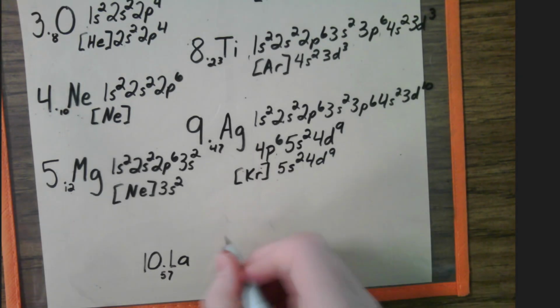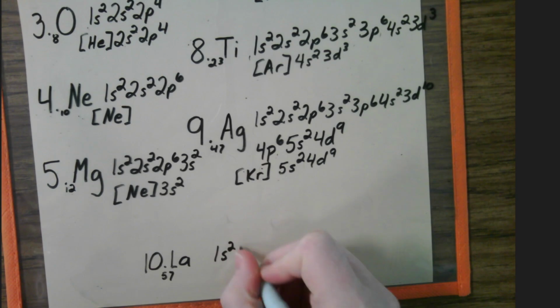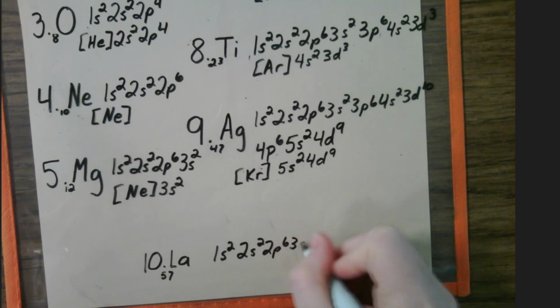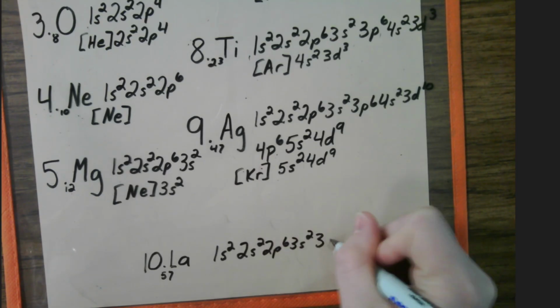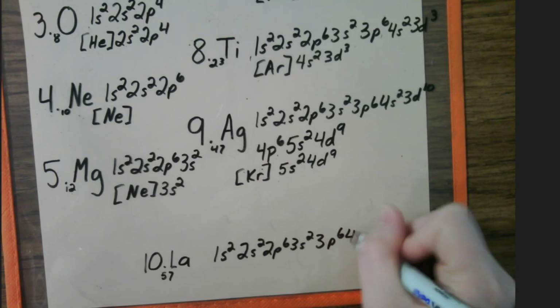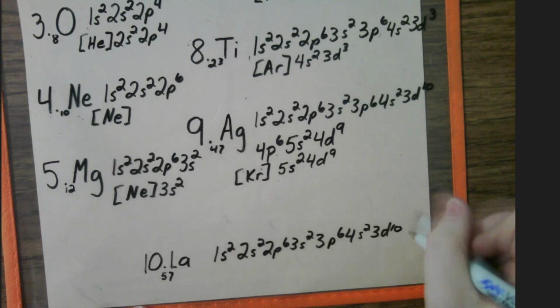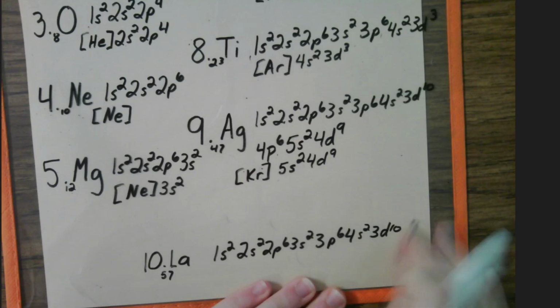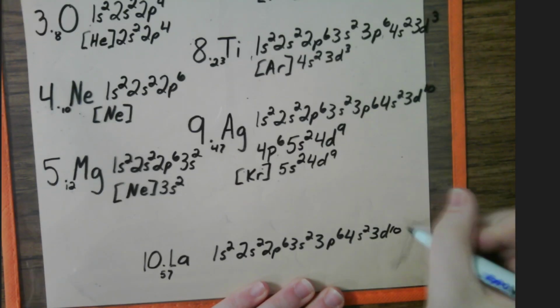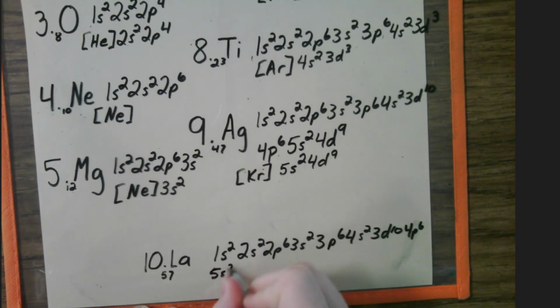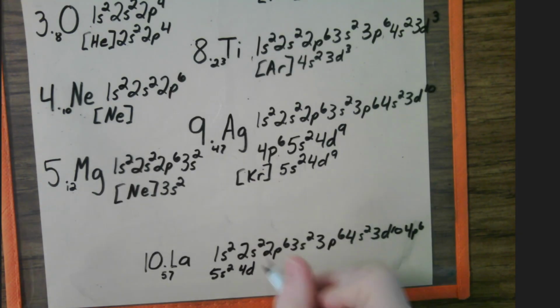We're going to start at 1s. 1s2, 2s2, 2p6, 3s2, 3p6, 4s2, 3d10, 4p6, 5s2, 4d, d can hold up to 10 electrons, 10.